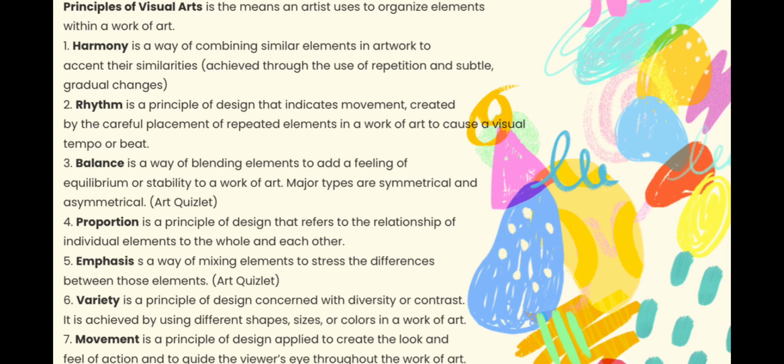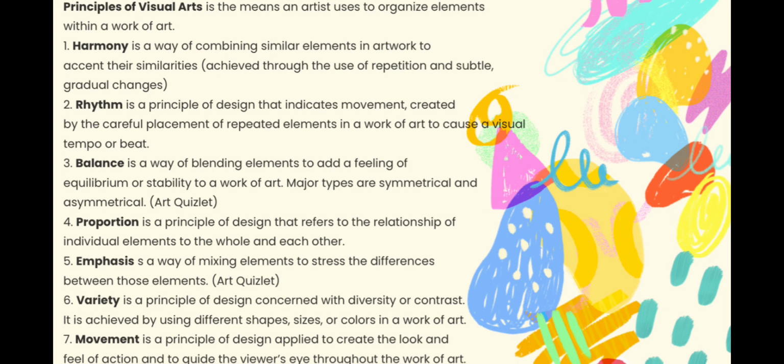Harmony is a way of combining similar elements in an artwork to accent their similarities, achieved through use of repetition and subtle gradual changes. Number 2, rhythm. Rhythm is a principle of design that indicates movement created by careful placement of repeated elements in a work of art to cause a visual tempo or beat.